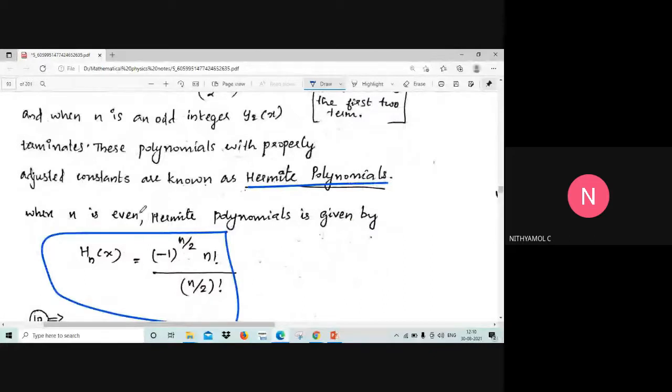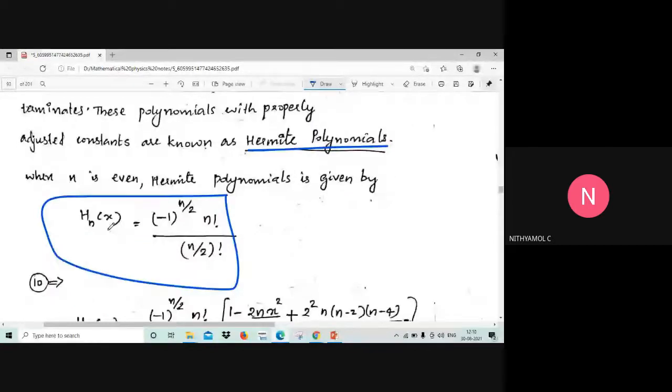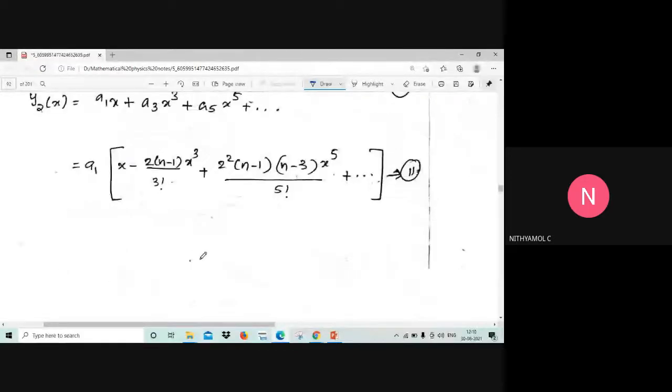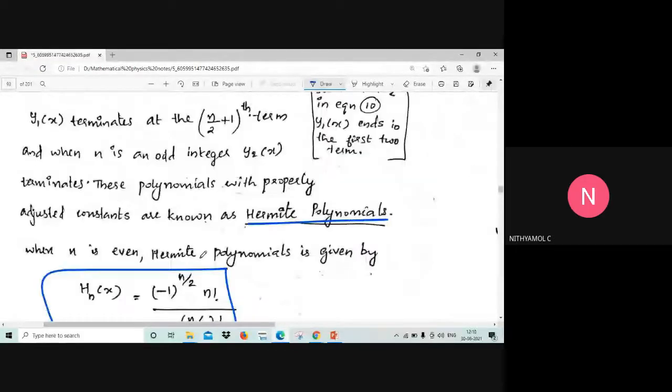When n is even, the form of the Hermite polynomial is like this: H_n of x equal to minus 1 raised to n by 2 and so on. So instead of a0, we can put this polynomial in equation number 10.